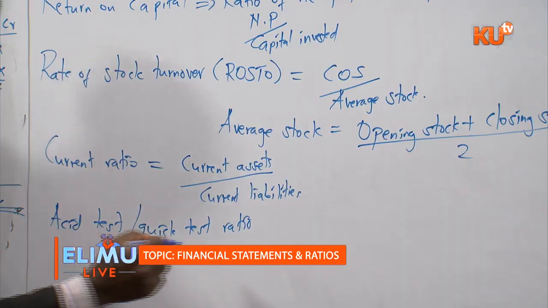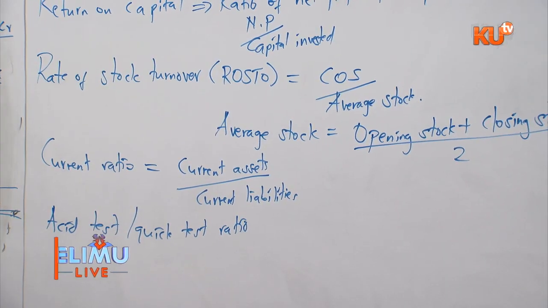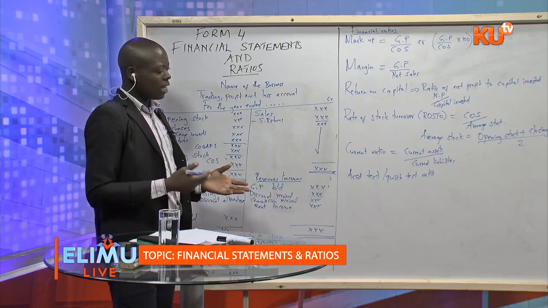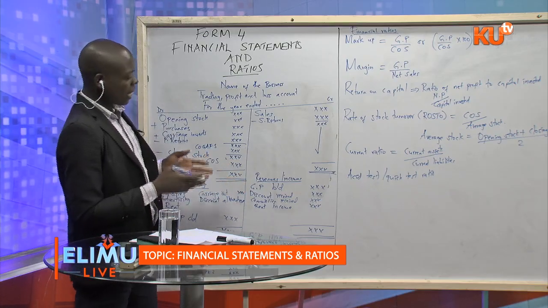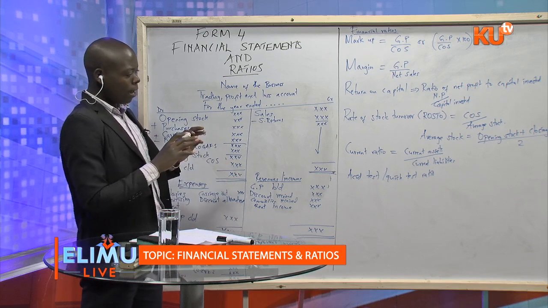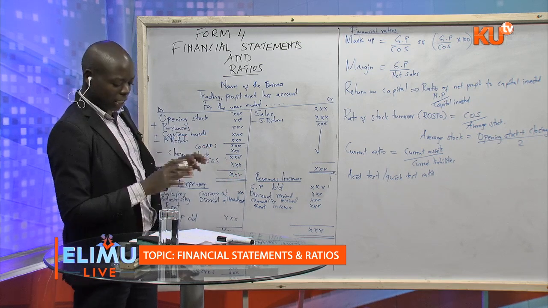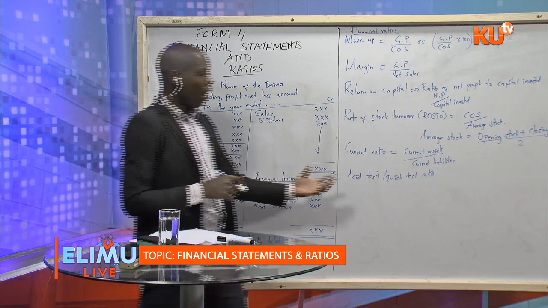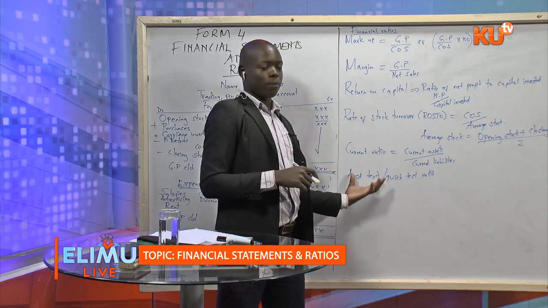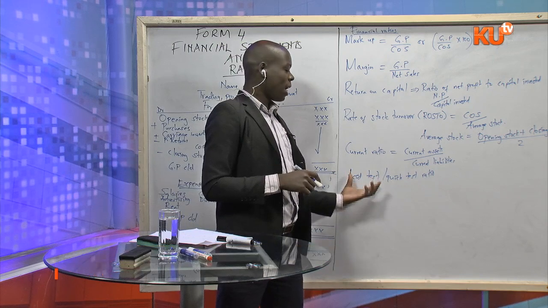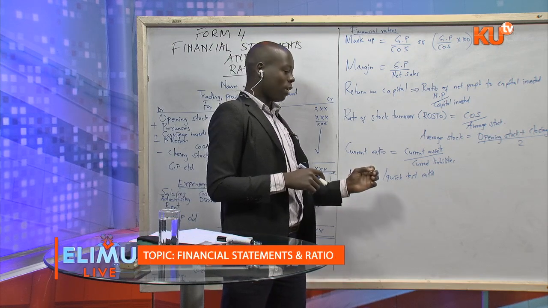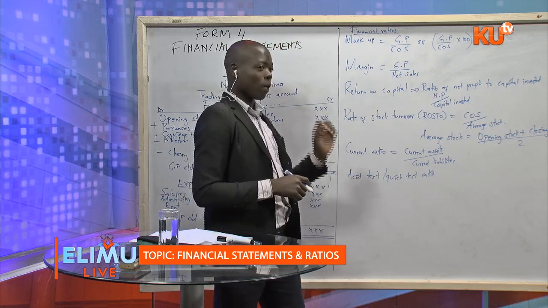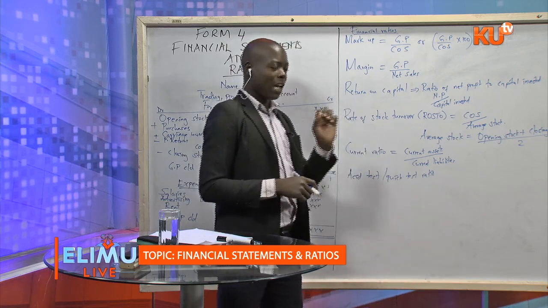Though in our question we may not calculate this, it is a ratio that is helpful to show how the business is going to convert current assets in order to settle the current liabilities. But remember, there is an exclusion: we don't include stock. So it is the conversion of current assets excluding stock to settle current liabilities.